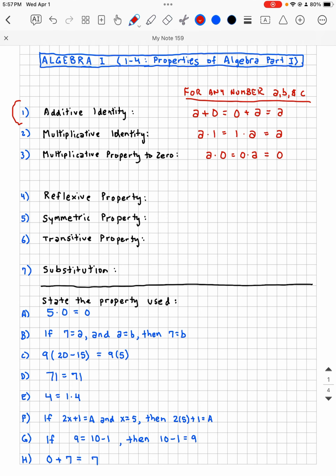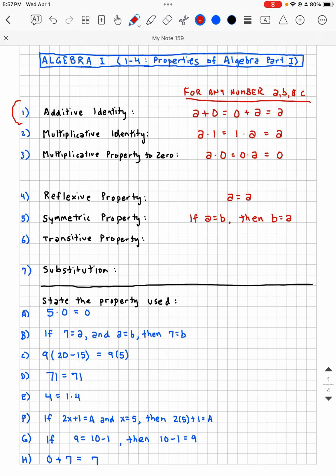As for the 4th, 5th, and 6th properties, those are going to be reflexive, symmetric, and transitive. For the reflexive property, it's simply a is equal to a. So if any number is equal to itself, we call it the reflexive property. For the symmetric property, we say that if the number a is equal to b, then b is also equal to a.